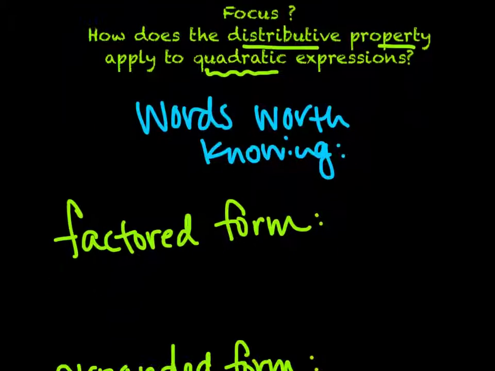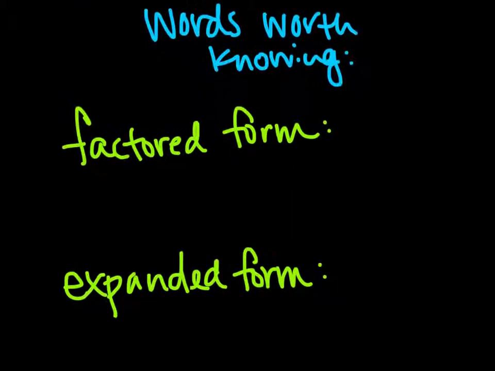So let's add a couple of words to our words worth knowing. Very first word is factored form. When we're looking at quadratic expressions, there's a few ways we can write them. One way is something like this, where we have our x out in front and we have x plus 3.